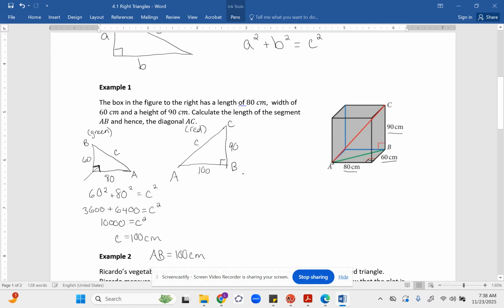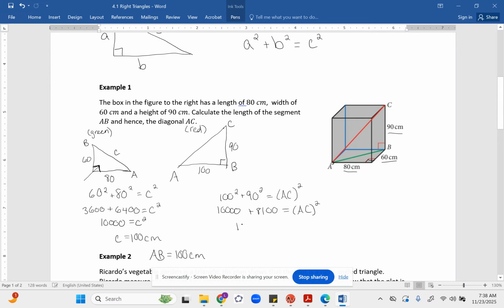I'll call it C again for the hypotenuse, or I could also avoid calling it C at all, and I could just say 100 squared plus 90 squared equals side AC squared. That's 100 squared plus 90 squared equals AC squared.